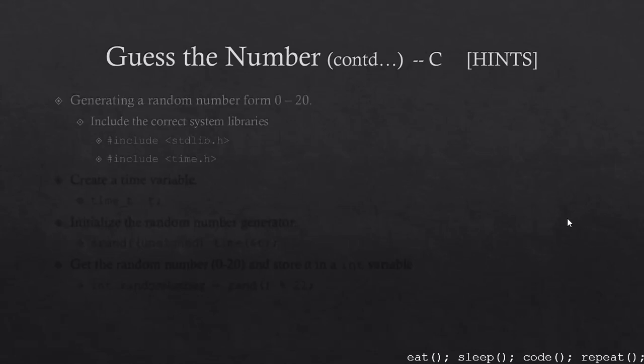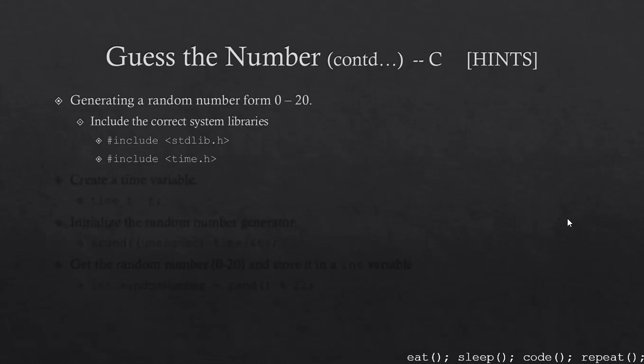Here we're going to use stdlib and time. We have stdlib, standard library, which allows you to use the rand function, which is going to generate the random numbers. And here time.h allows you to produce the seed for the random number.